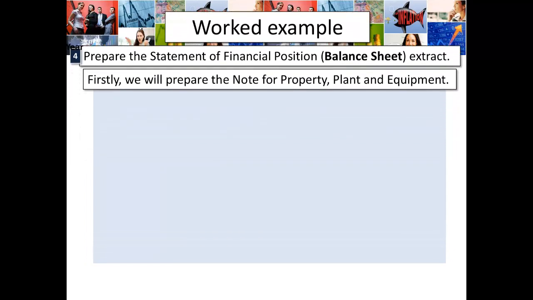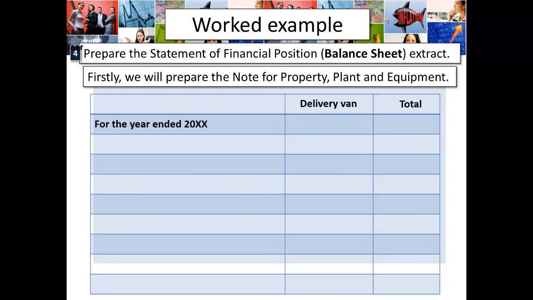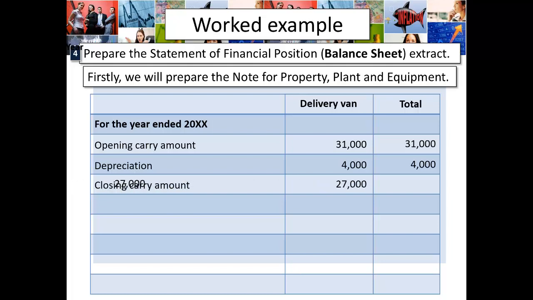The balance sheet, things do change within the note. So the opening carrying amount is not $35,000 anymore, it's $31,000, which it was at the end of year 1. Depreciation again of $4,000, giving us a closing carrying amount of $27,000.